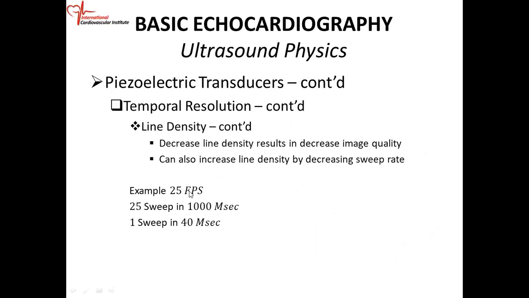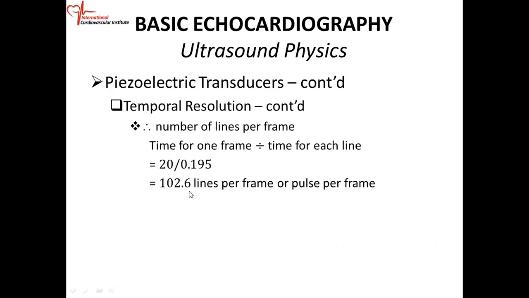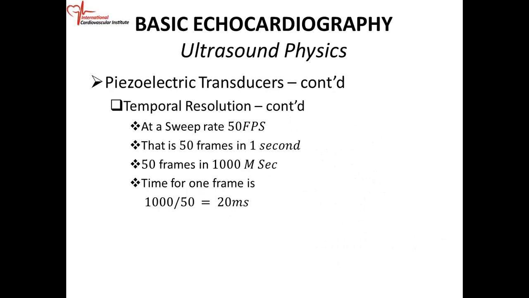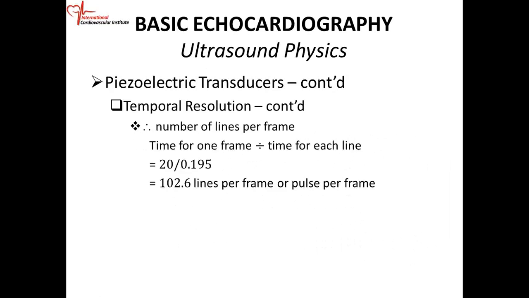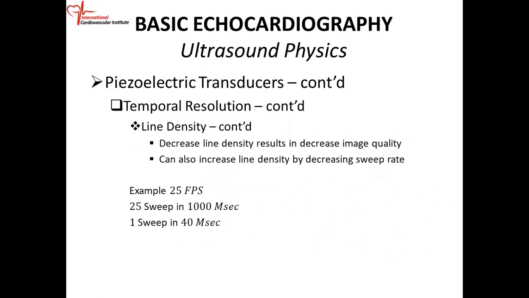For instance, if you move from 50 frames per second to 25 frames per second, using the same example as before, you're going to get 25 frames every second because you're decreasing the sweep speed.